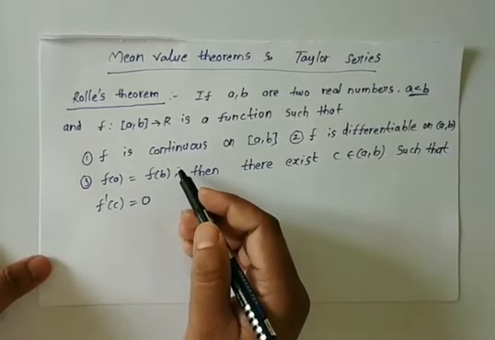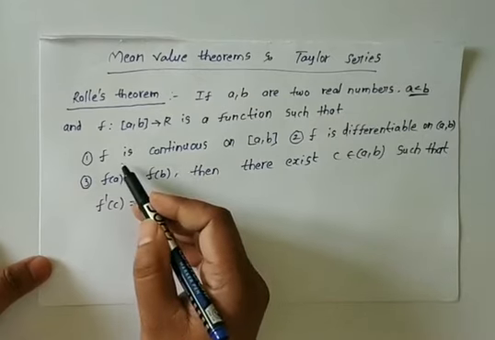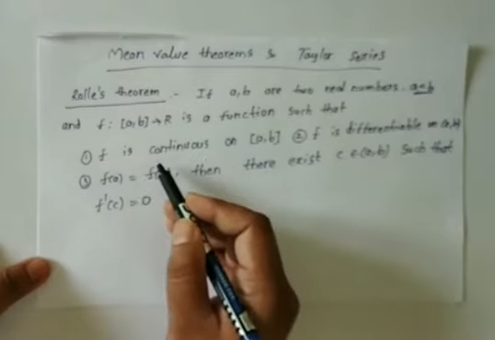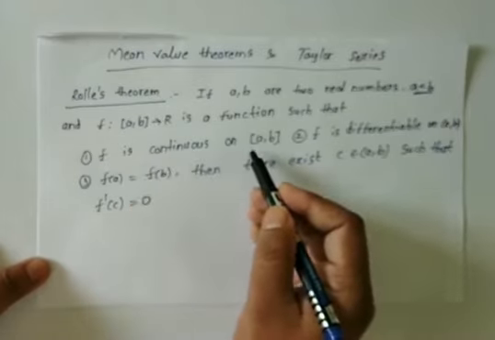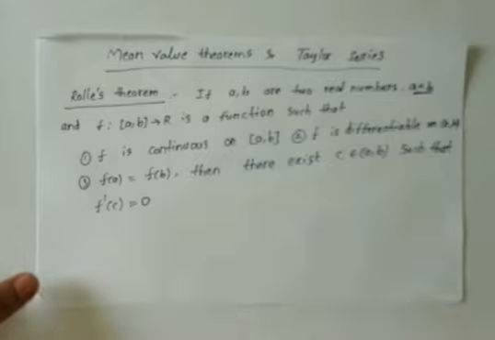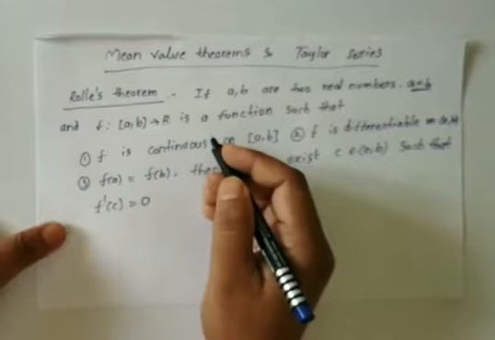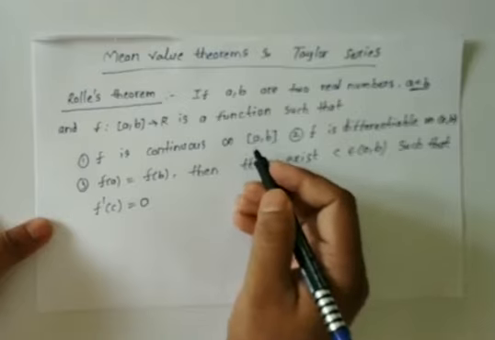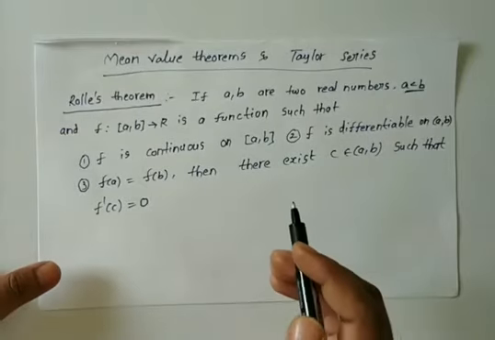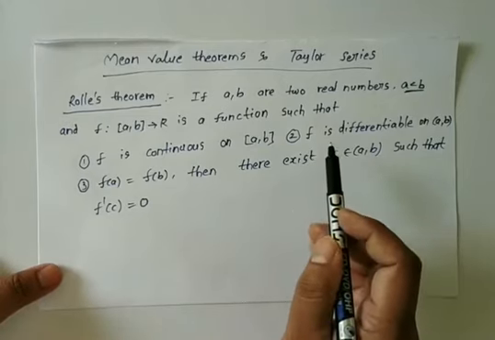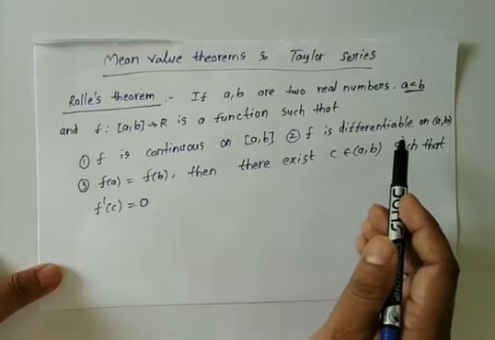So the theorem says f of x should be continuous on the closed interval [a, b]. Next, the second one: f of x should be differentiable on the open interval (a, b).